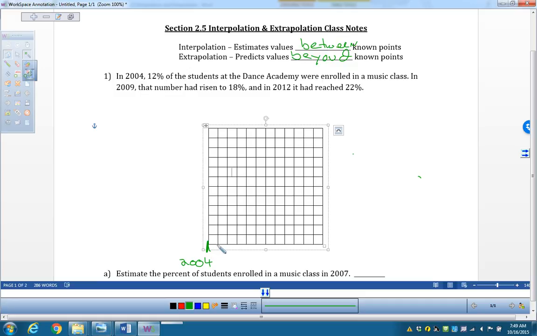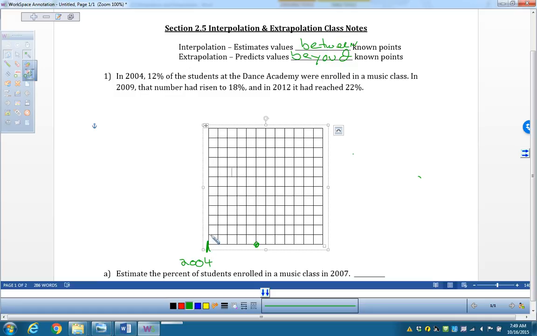So if this is 2004, then 2009 is 5, 6, 7, 8, 9. Okay, that'd be 2009. And then let's pick a scale for this axis over here. Okay, 12% for, what do you want to count each box as going up this way? How about, can we do 2? 2, okay?